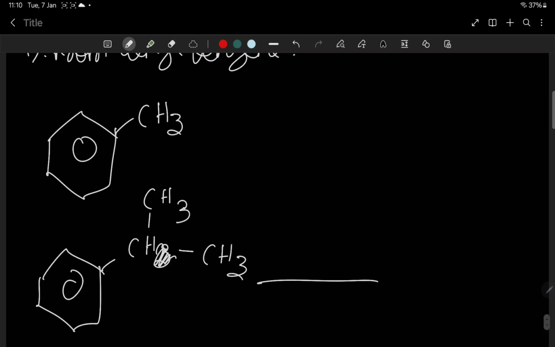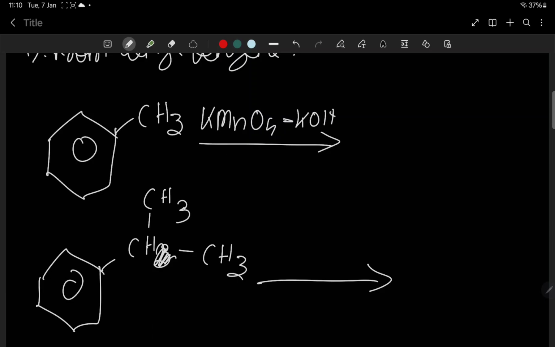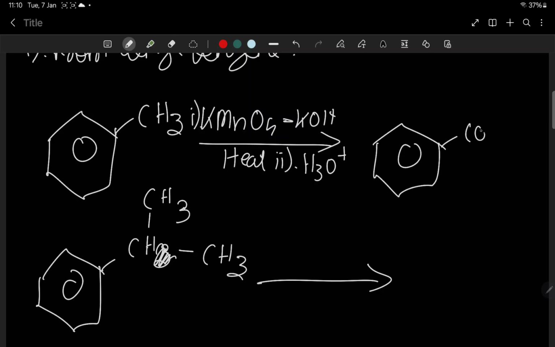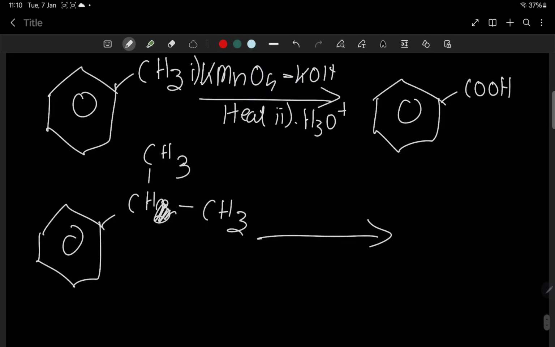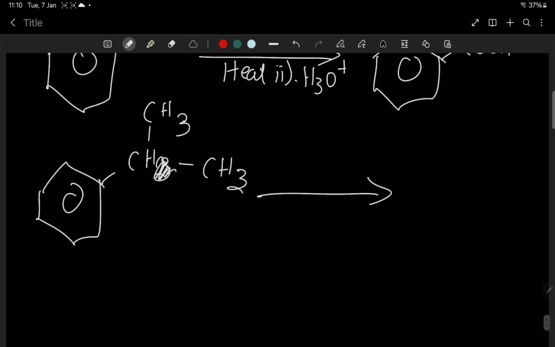Take any aromatic hydrocarbon, not benzene itself, anything should be substituted to it, and add KMnO4 and KOH, and heat. That is the first step. Then in the second step I am directly writing hydrolyze. Then you will get the corresponding acid, benzoic acid.